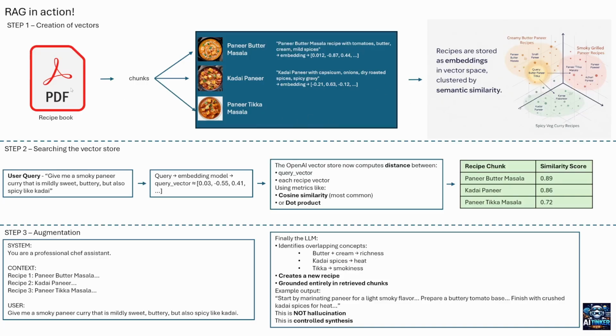Moving on, this is basically the creation part. Step two is searching the vector store. How does that happen? Let's say the user query is: give me a smoky paneer curry that is mildly sweet, buttery, but also spicy like kadai.